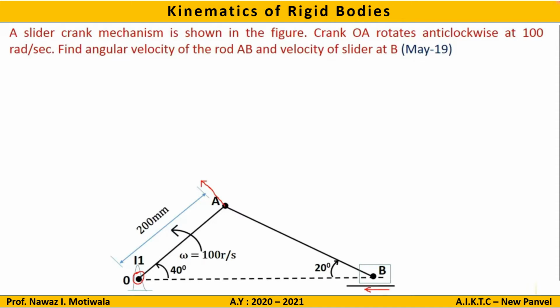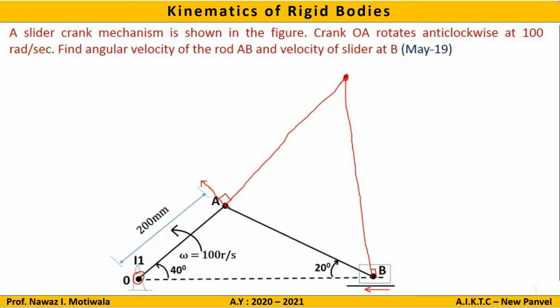Now, how to find ICR? ICR is located by drawing perpendiculars to the velocity. So if this is the velocity of A, I will draw one perpendicular to this velocity. This velocity is in horizontal direction, so the perpendicular to this will be in vertical direction.